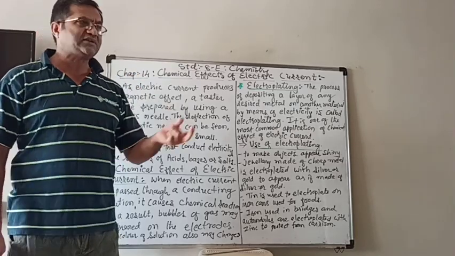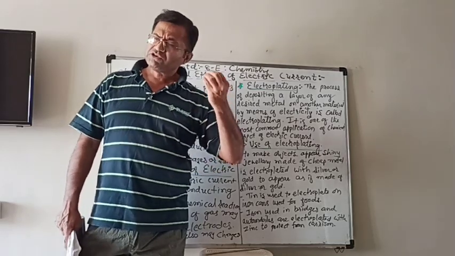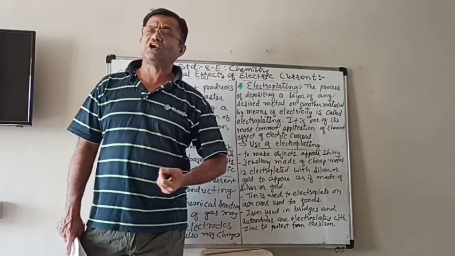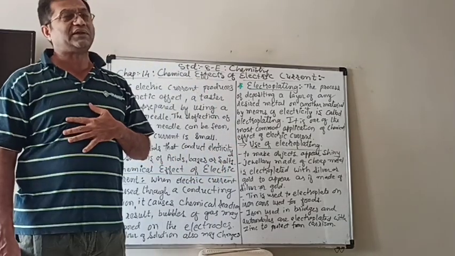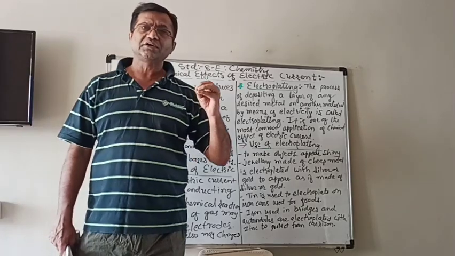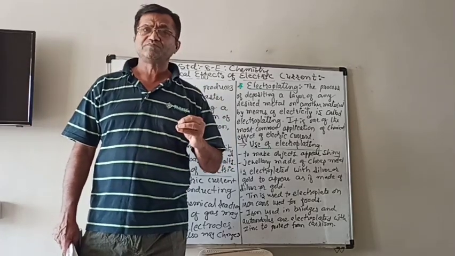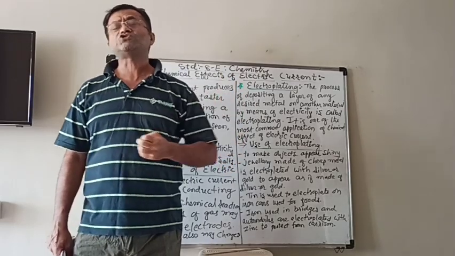But if you add some drops of acid or base, or dissolve salt in it, then it becomes a good conductor of electricity. So generally, whatever liquids are conductors of electricity must be acids, bases, or salts.